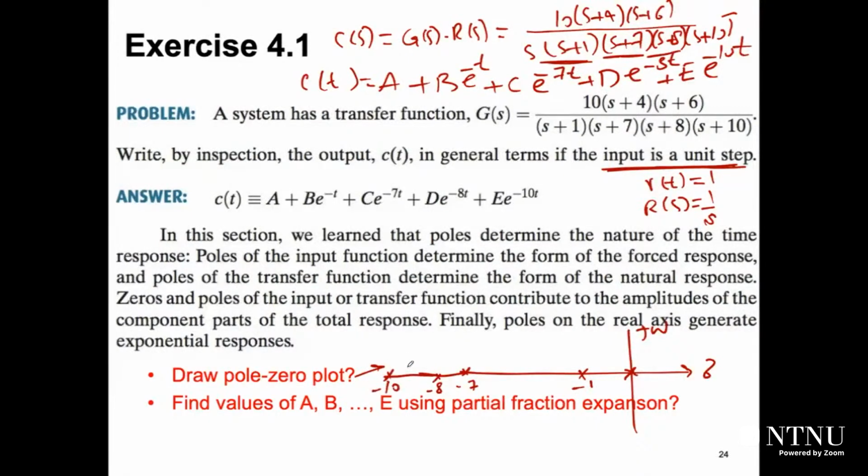And the zeros, you have one at minus 4 and minus 6. So it will look like this. It's easy, right? And as you can see, your right-hand side is clean. All your poles and zeros are located in the left-hand side, which means your system is stable.